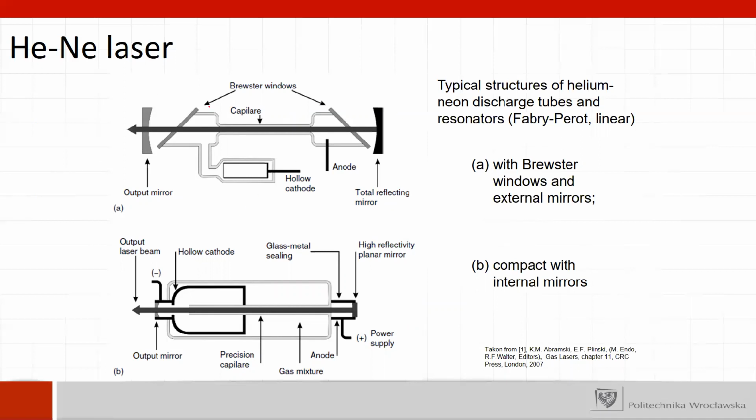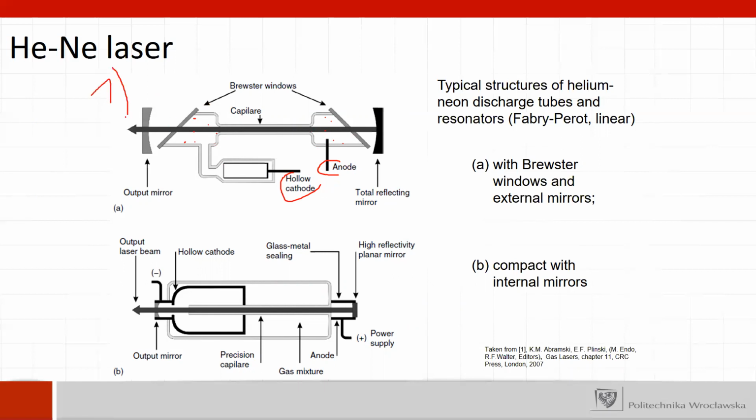We have the capillary, our tube, which is filled with the gas, with the atoms, usually at very low pressure. And we have an anode and a cathode where we connect our power supply.